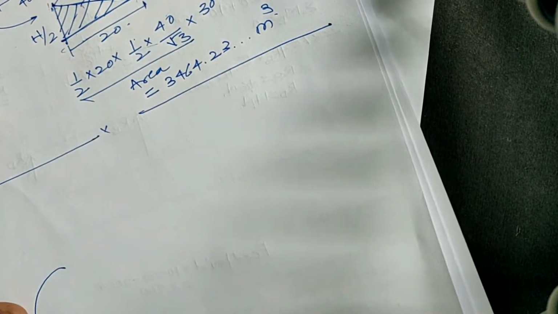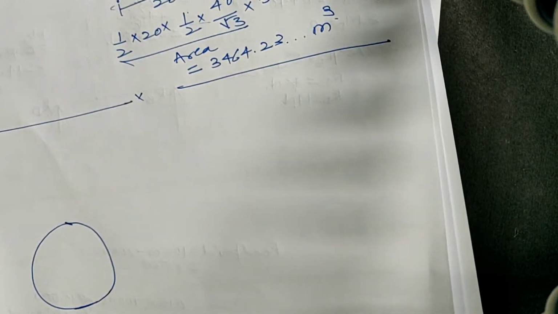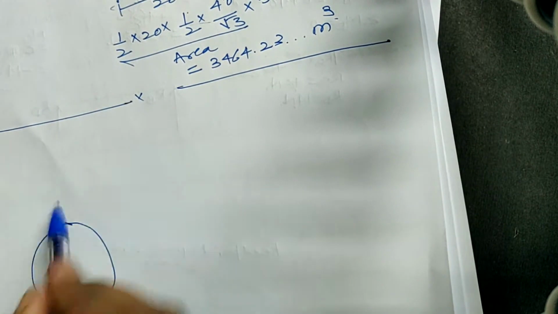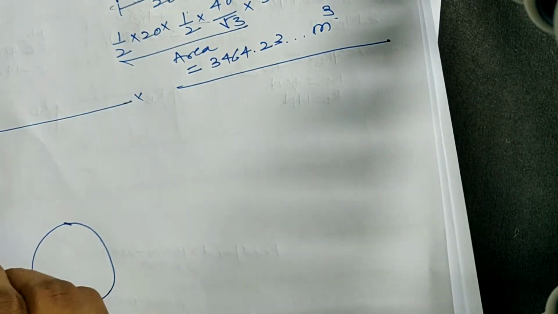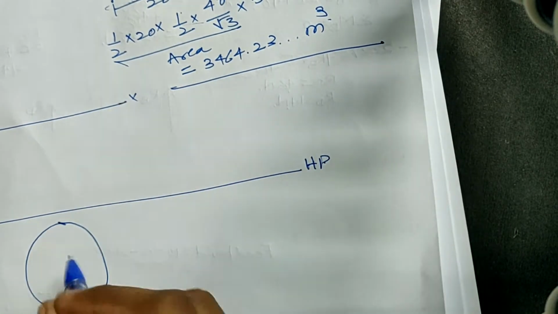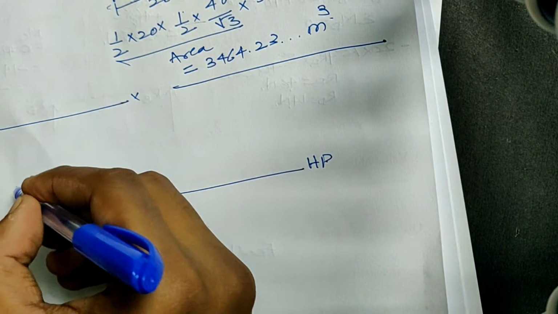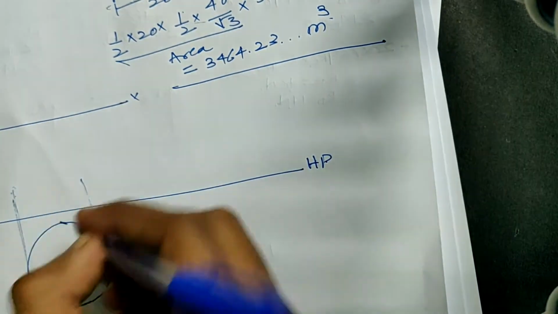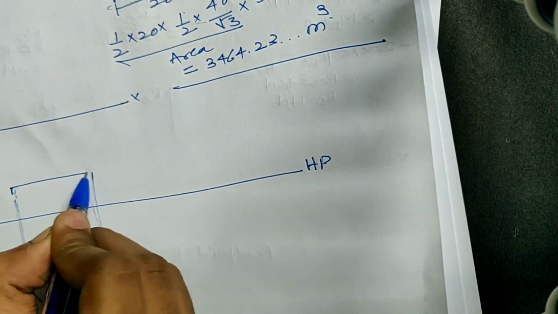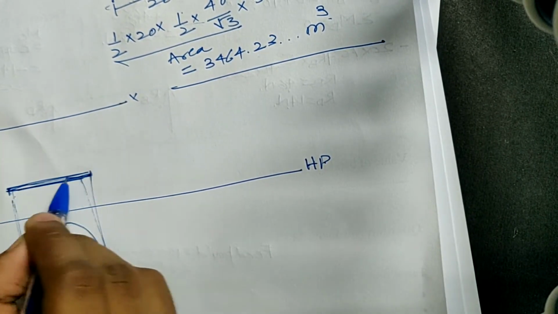So this is your circular plate. Let us say this is your horizontal axis, horizontal plane. So it will look something like this. The plate would be something like this.